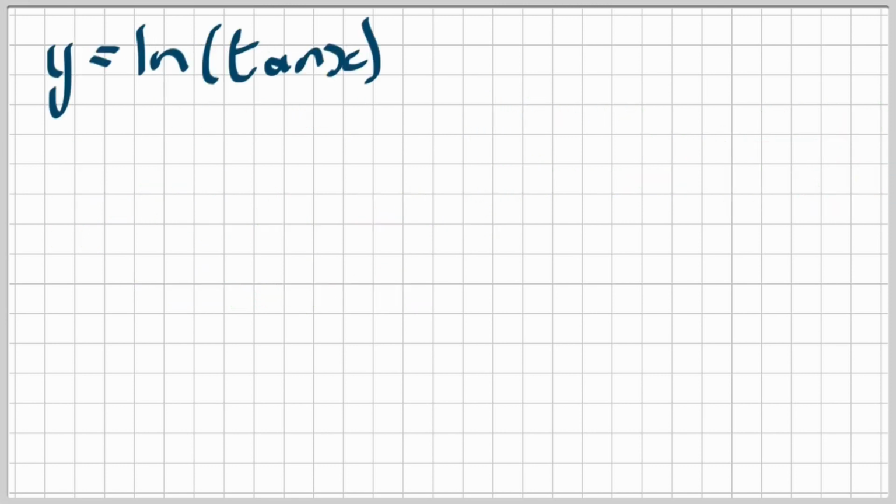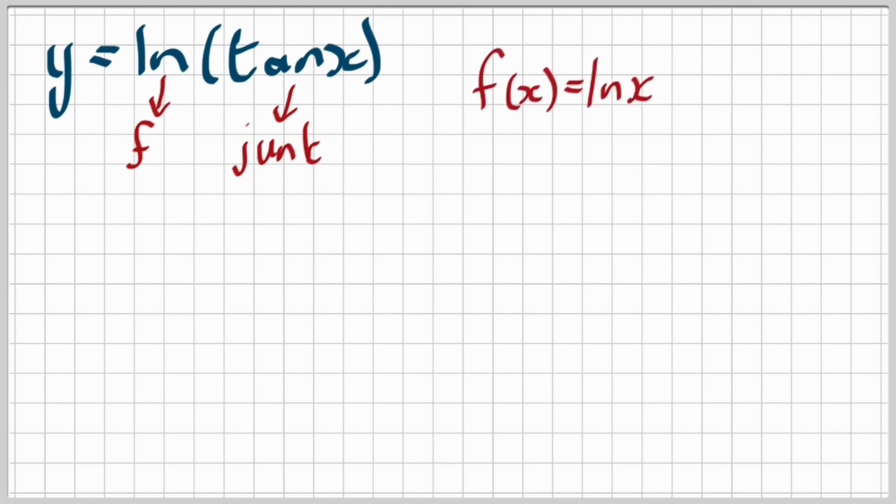Now you go and derive y equal to ln of tan x. When I look at this, f is going to be my ln function, ln of x, and then the junk is going to be tan x. So in other words, I can derive f prime of x, and I've got 1 over x, because that's the derivative of ln.